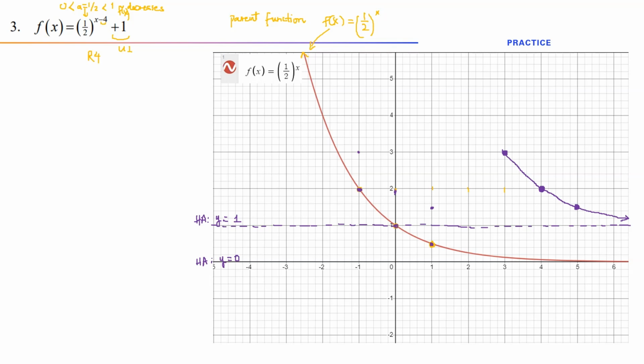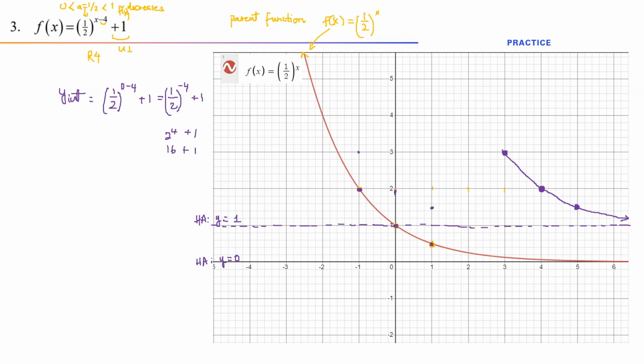Now also we have to find the y-intercept. The y-intercept is (1/2) to the power of 0 minus 4, plus 1. So (1/2) to the power of -4, plus 1 is equal to 2 to the power of 4 plus 1.